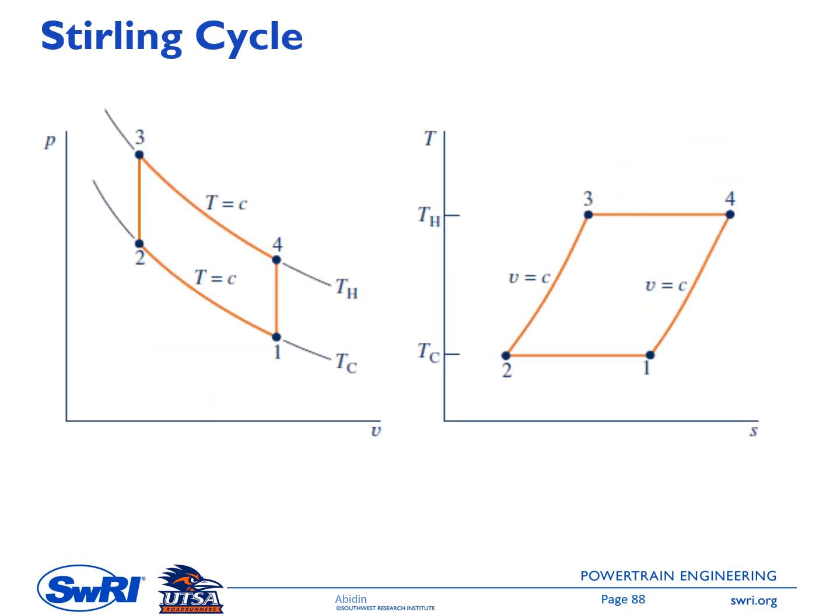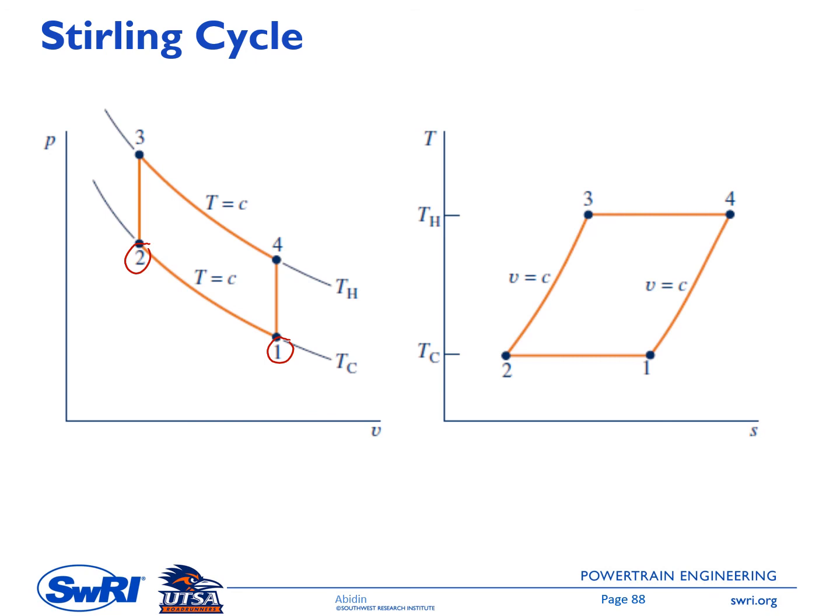The next one is the Stirling cycle. This is the PV and TS diagram for the Stirling cycle. This cycle consists of 4 reversible processes. The first process is called isothermal compression, which brings state 1 to state 2.